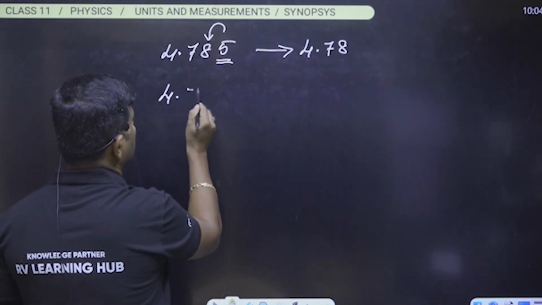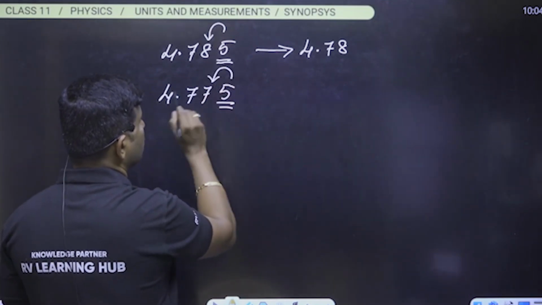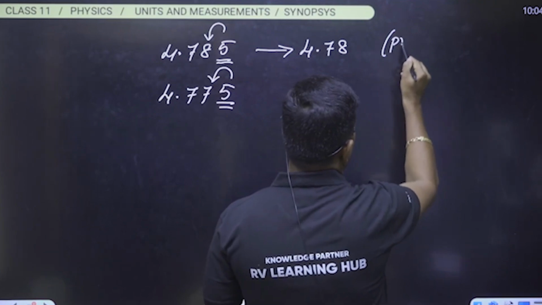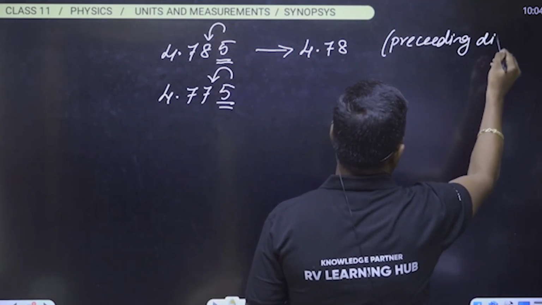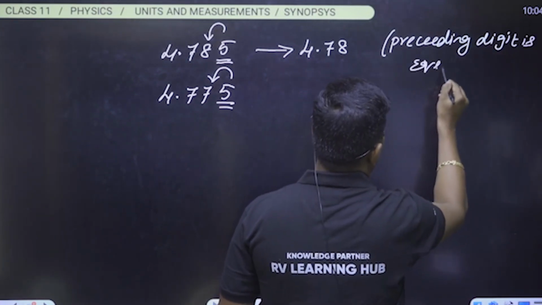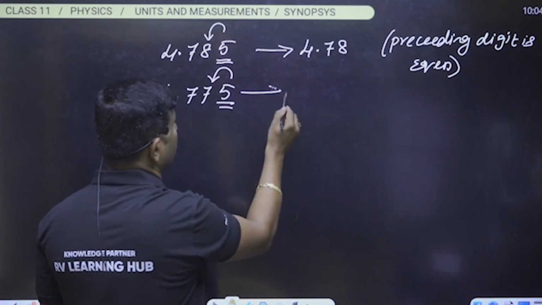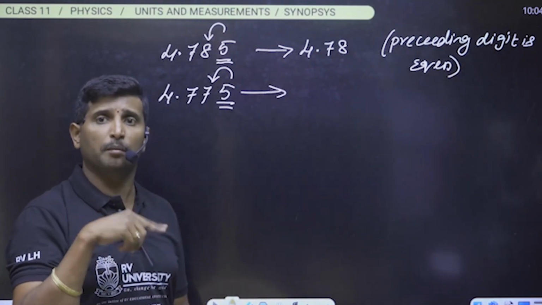So here, if the number is 4.775, observe this, the preceding digit is odd. If the preceding digit is even, I will drop it. If it is odd, then we have to increase the preceding digit by 1.